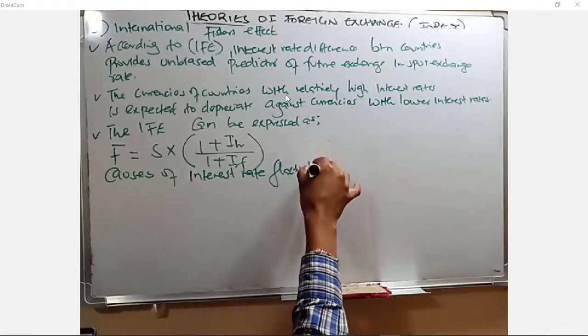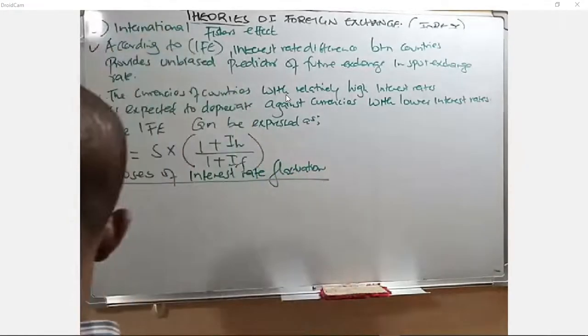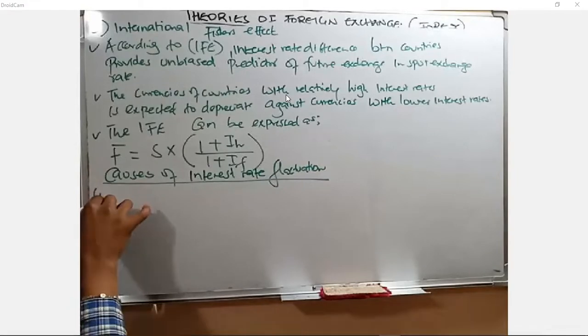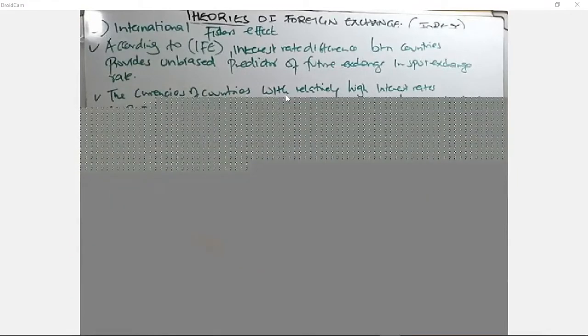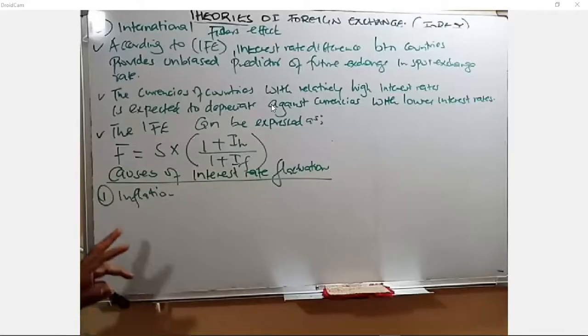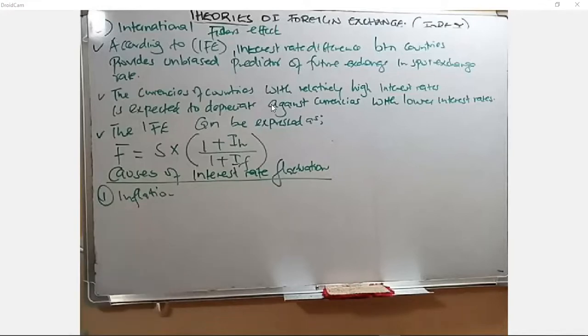What normally causes the interest rate fluctuation? Number one, inflation, because interest normally fluctuates due to the high or low rate of inflation.